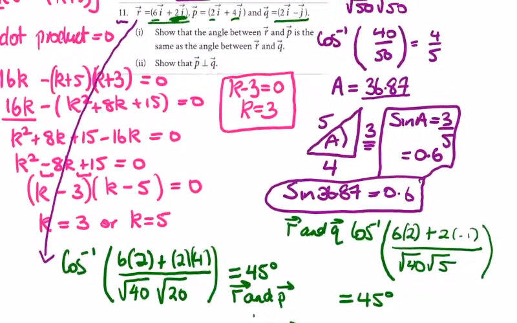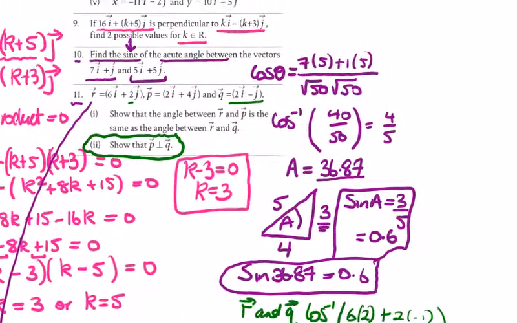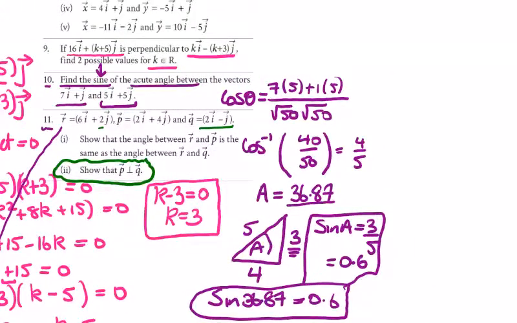Last part, show that P is perpendicular to Q, so we need to show that dot product is equal to 0, and you've practiced these a few times. You'll be able to roll that off the tongue. It's just like learning a new language. Until that, you'd never know what dot product was. So P perpendicular to Q. So let's have a look at that here.